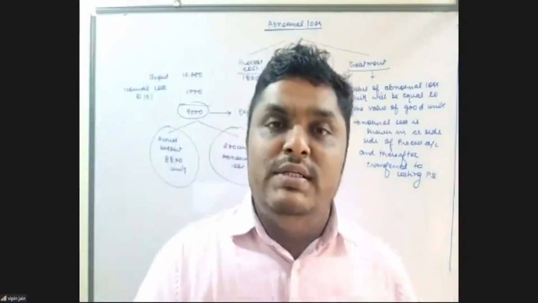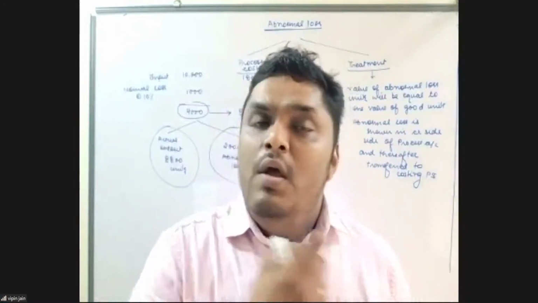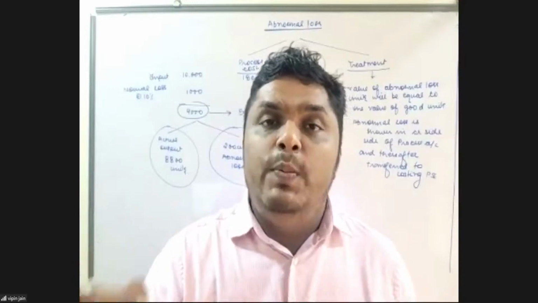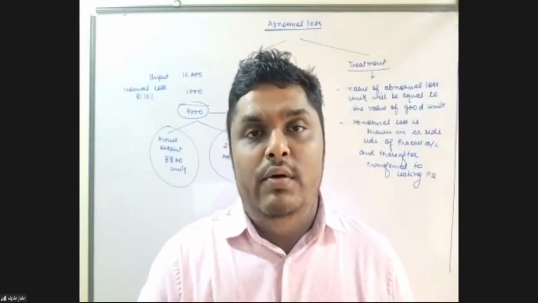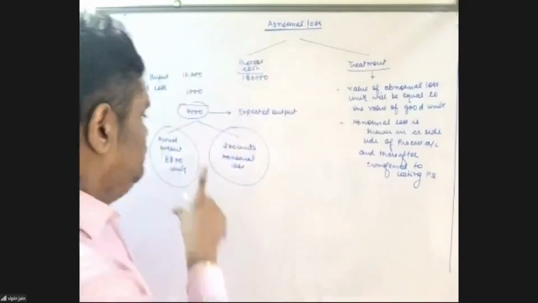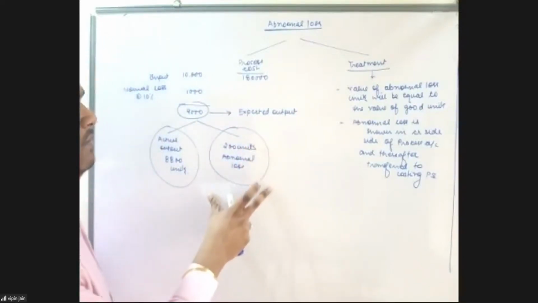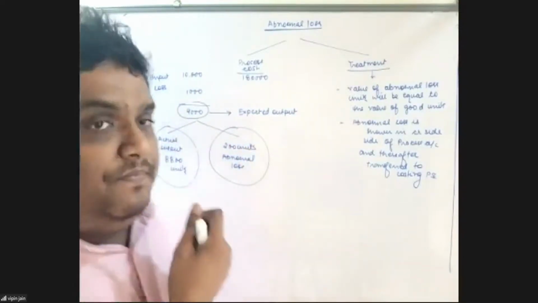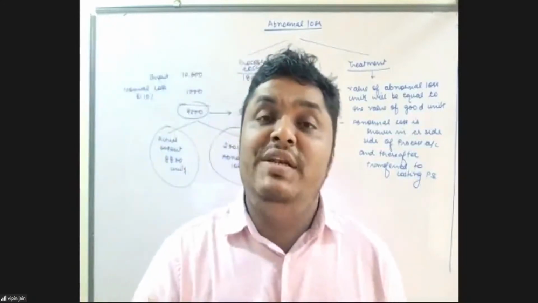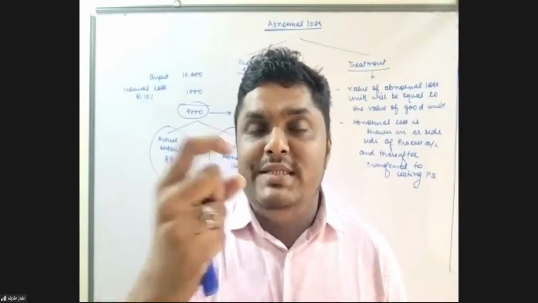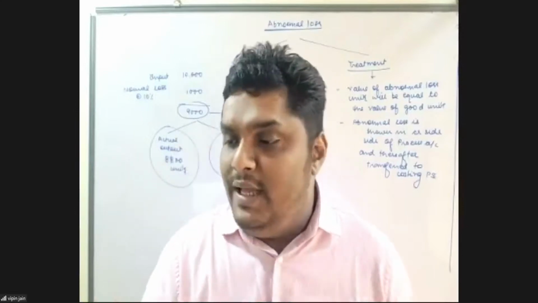However, when the actual results were out, my actual output was only 8,800 units. So 200 units is my abnormal loss. Since my actual production is less than my expected production, the loss of these extra units is my abnormal loss.